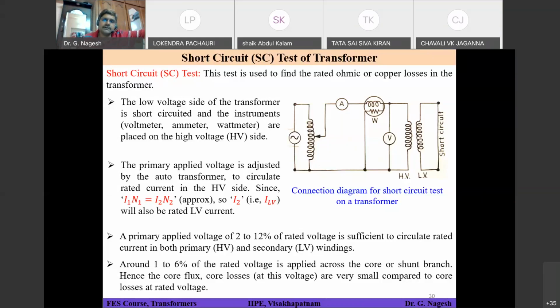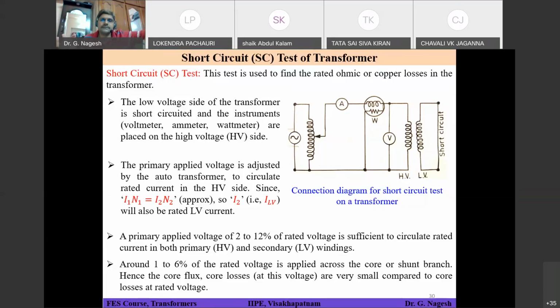When you are calculating the efficiency, the transformer supplier will give you the efficiency at full load. I will say 98% is the efficiency at full load. He has to say that. So he has to calculate the efficiency under full load condition. So you have to calculate core losses at full load and copper losses at full load to find out the efficiency at full load.